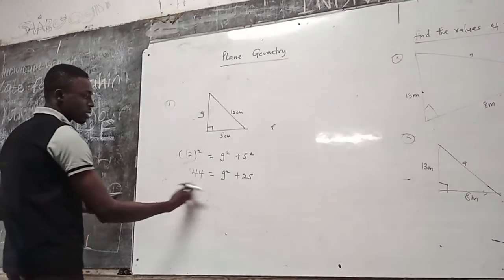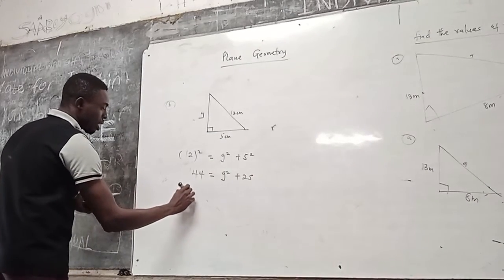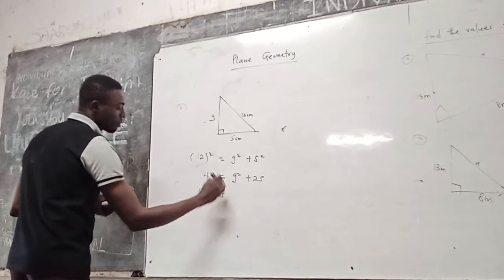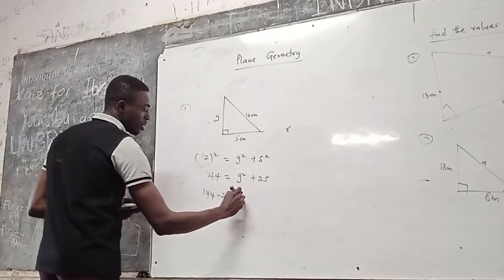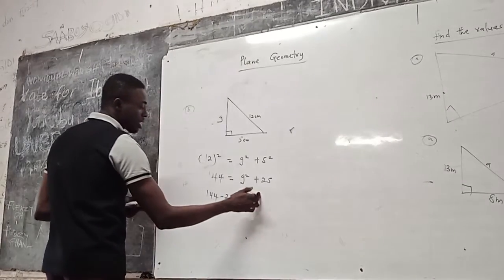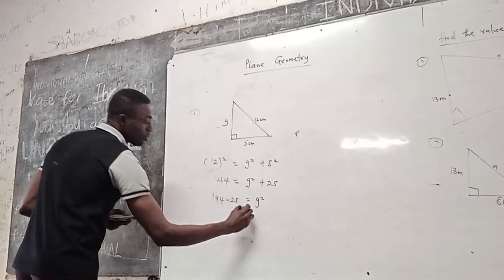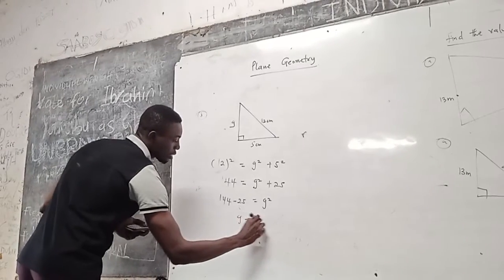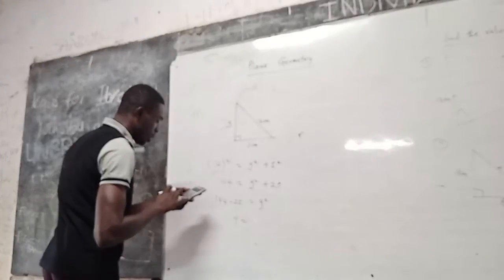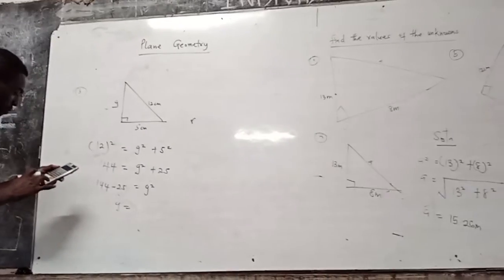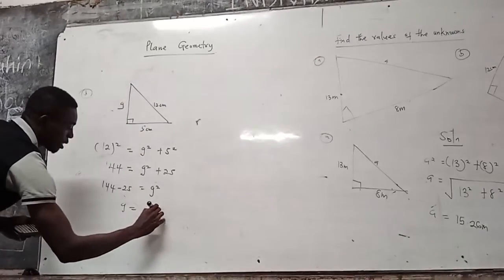So it means that you have to bring this one here, so we have 144 minus 25. Once this is here, we can find the square root of it, and it will cancel. So G squared is going to be 144 minus 25, which gives you 119.